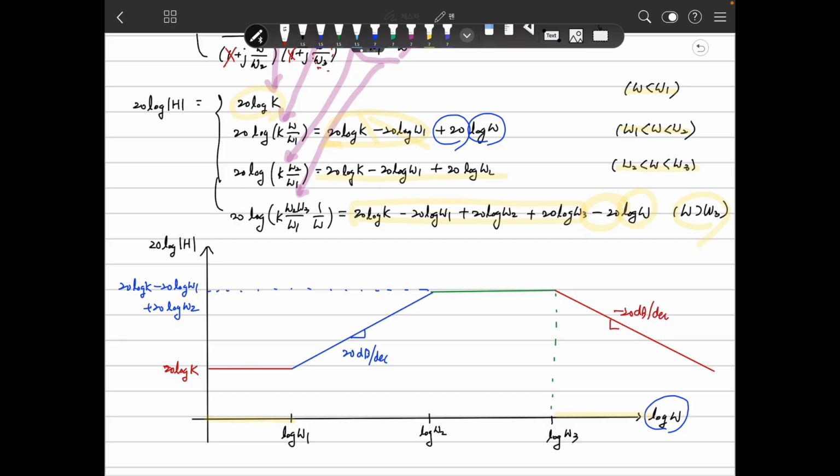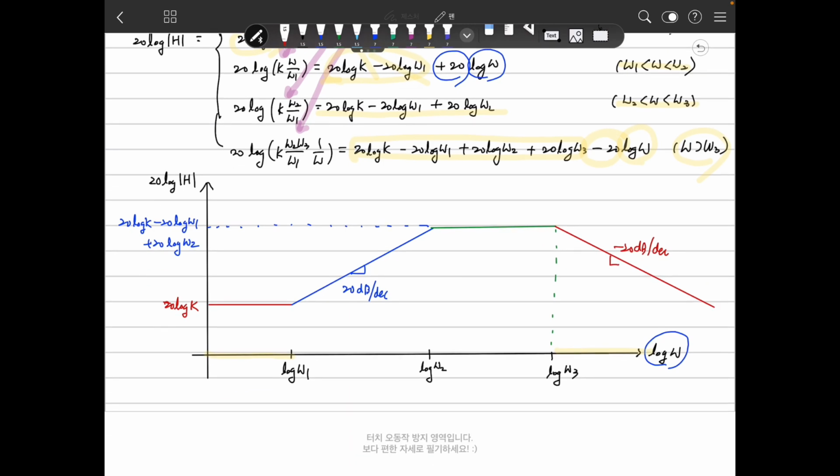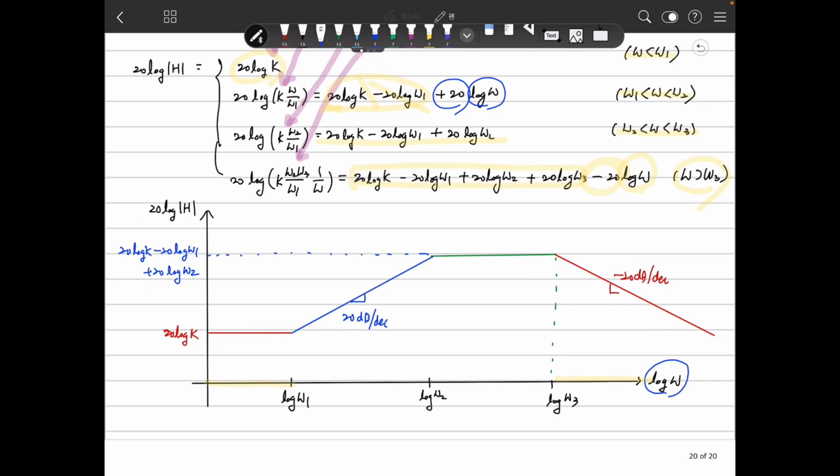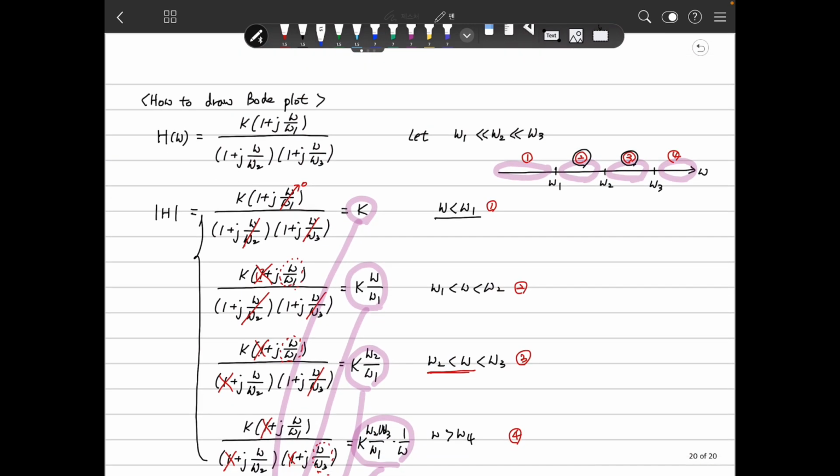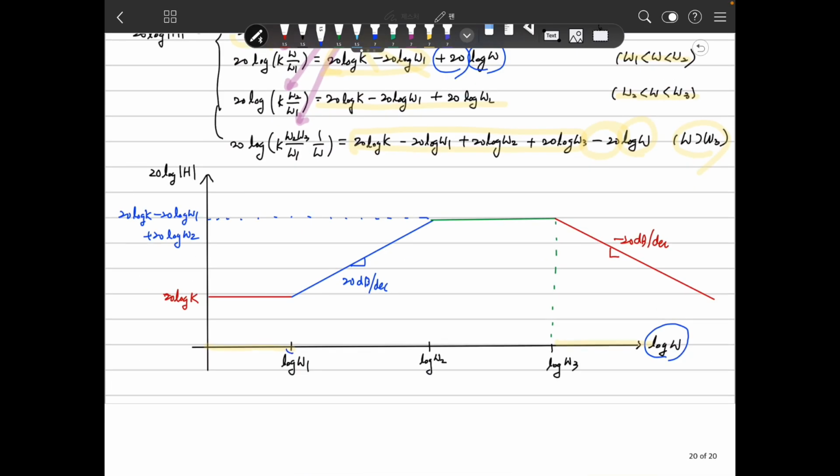So this is the way to draw the Bode plot. But here I will tell you about poles and zeros. We call omega 1 a zero, and omega 2 and omega 3 are poles. What happens at a zero and a pole? Actually, this is a zero, and this is a pole, and this is a pole.